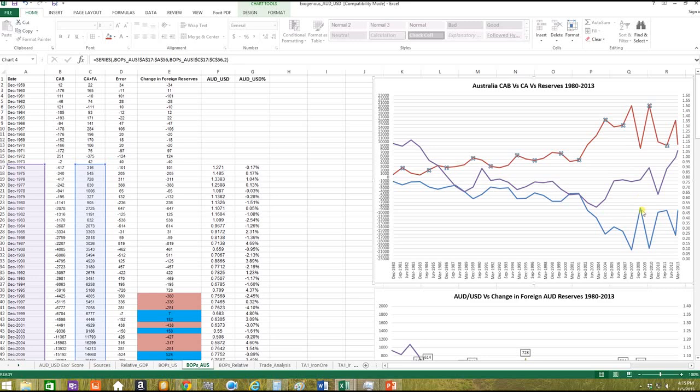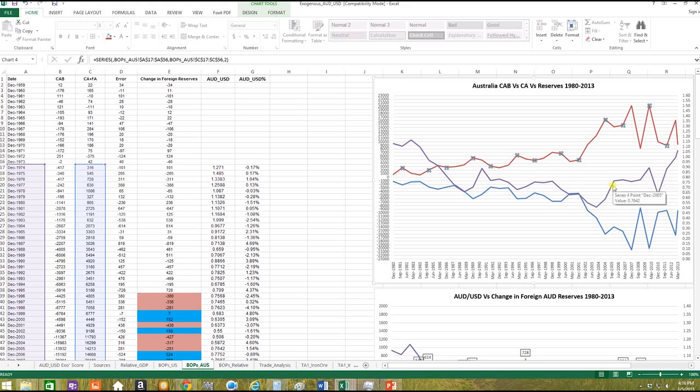And these two, if you recall, are supposed to net each other off to 0. So what we would expect to see, as when we looked at the United States, is the difference, or the sum of the two, and the sum of the two should actually net each other off.